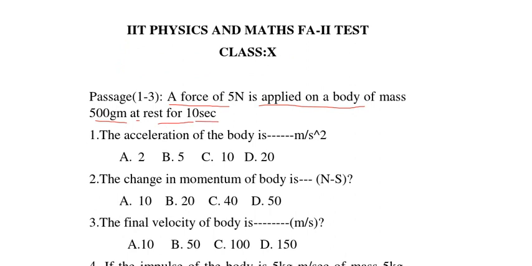So what I told you before starting the question: check whether your given problem contains all the same units or not. That is very important. Newton is an SI unit, and gram is a CGS unit. So first convert this 500 grams into kgs.